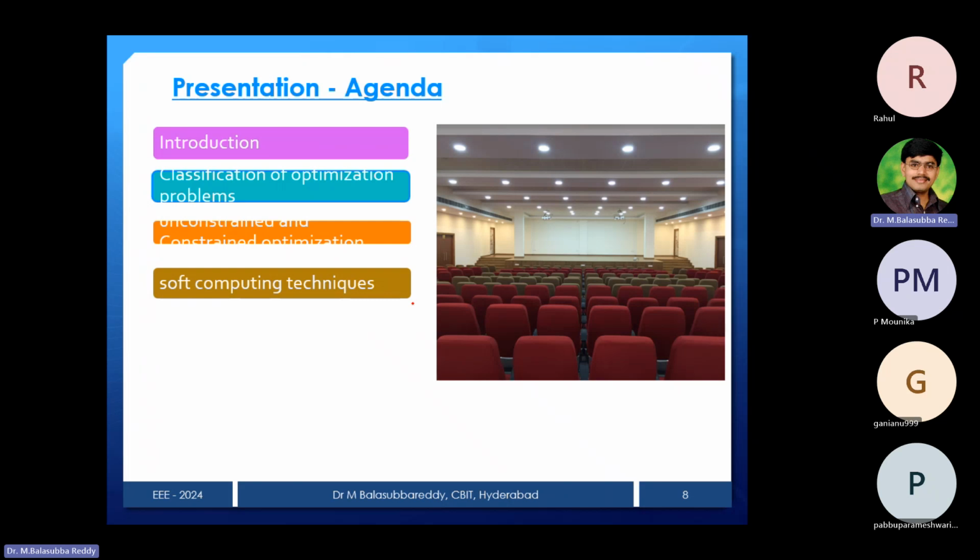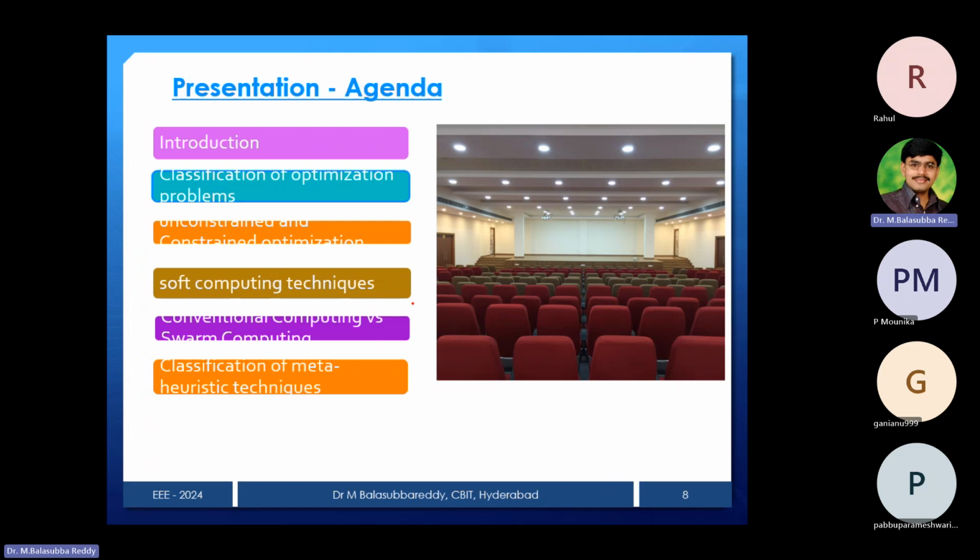Also, we need to see the introduction part. Another one, there is a comparison, or I can say conventional computing versus swarm computing. So these are the different aspects, all theory oriented, in the first unit.